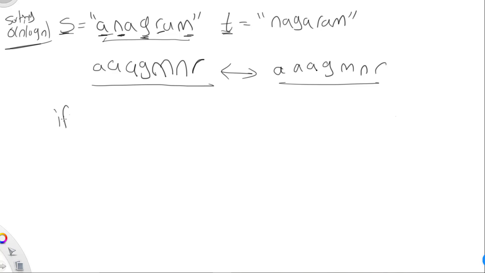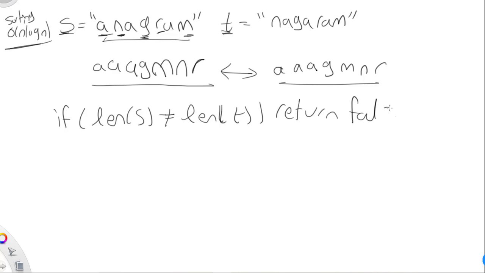So the whole idea, or this very simple idea, is literally a couple of lines. You just check if the length of S is not equal to the length of T, then you return false.